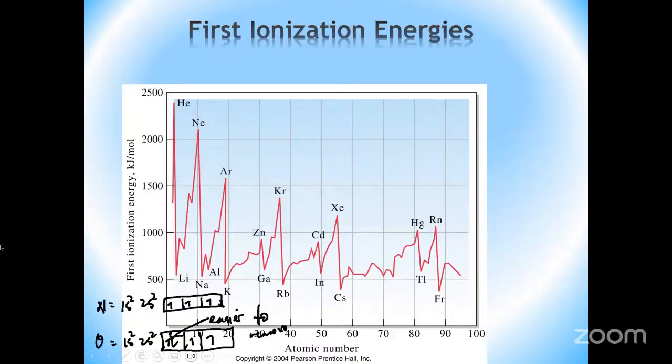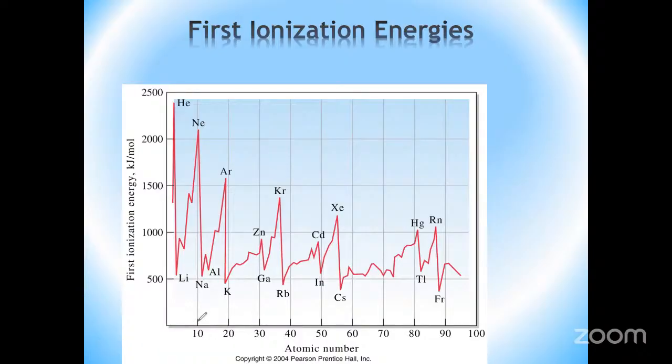So this graph basically shows you the trend that we discussed. The first ionization energy is plotted on the y-axis, the atomic number is plotted on the x-axis. And what I just discussed for the second period is shown by this part here, where you start with lithium here and end with neon right here.